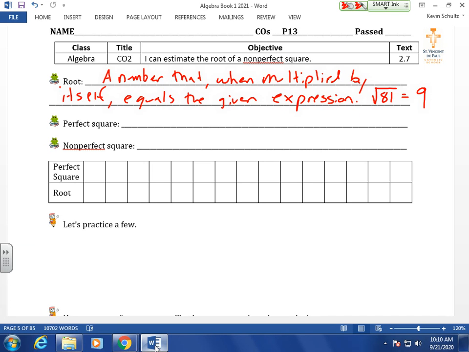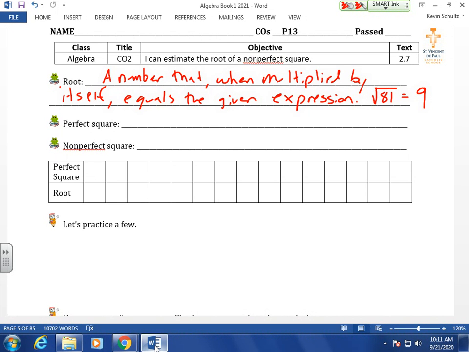What's a perfect square versus a non-perfect square? Talked about these in CO1. Non-perfect squares we know are irrational numbers. Perfect squares, like the root of 81, we would classify as rational. What's the difference between a perfect and non-perfect square? A perfect square is one where a whole number multiplied by itself equals the given expression.